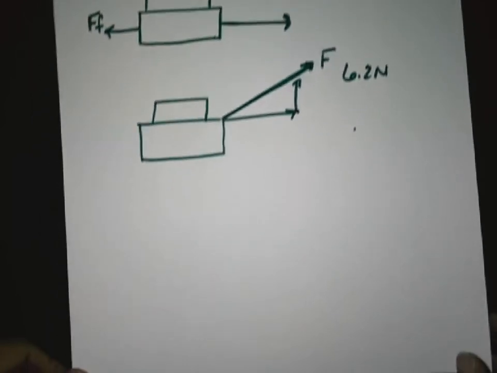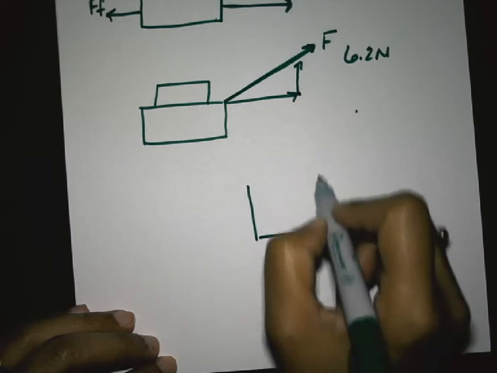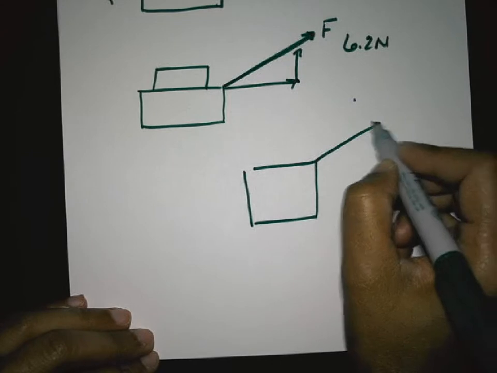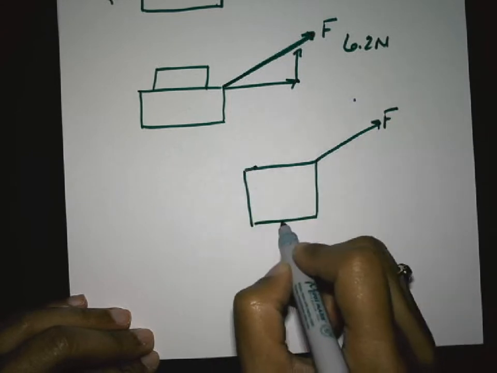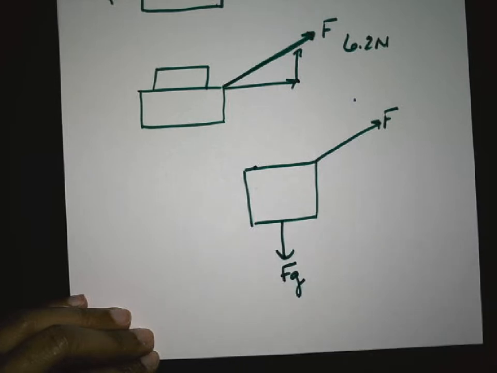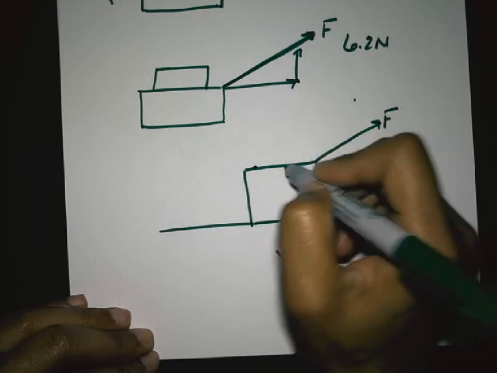And let me go ahead and show you what I mean here. So I have this block. I'm going to do a free body diagram here. And I'm going to pull up at some force. If I do a free body diagram, I also have force of gravity down. It's on some supporting surface. Let me write that there.